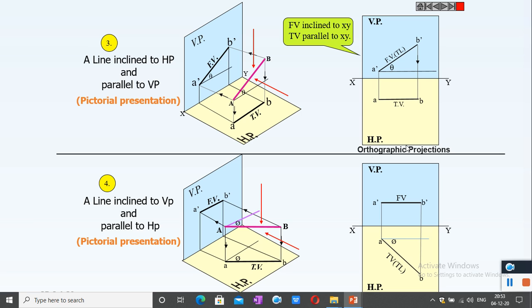This is the angle of inclination with the vertical plane. Please note, the angle of inclination with HP will be theta always. The angle of inclination with the vertical plane will be marked as phi always. Theta is the inclination with HP and phi is the inclination with VP.